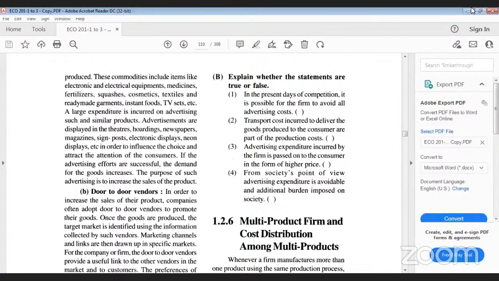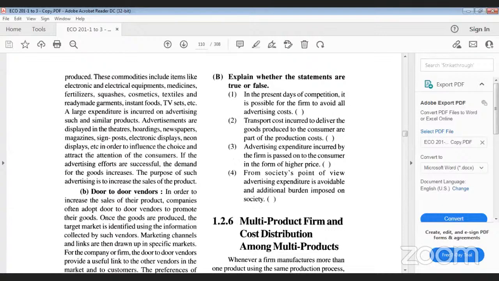If the advertising efforts are successful, the demand for the goods increases. The purpose of such advertising is to increase the sales of the product.